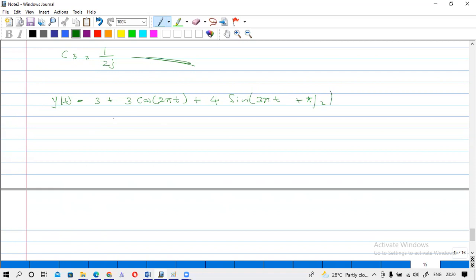Try to find the complex exponential Fourier series representation of y(t), this signal. So as homework you can do this. If you have any problem, you can ask. Okay, thank you.